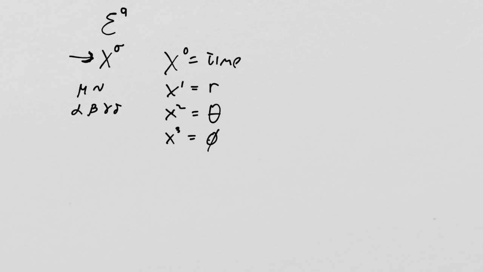If it was spherical coordinates in the Minkowski system, x0 would still be the time coordinate, but x1 might be the radial coordinate, x2 might be the theta coordinate, which usually comes second in spherical coordinates, and the third is usually the azimuthal coordinate. I can't remember what this one's called. This is the azimuthal coordinate, which represents the azimuth, as it were, for spherical coordinates.